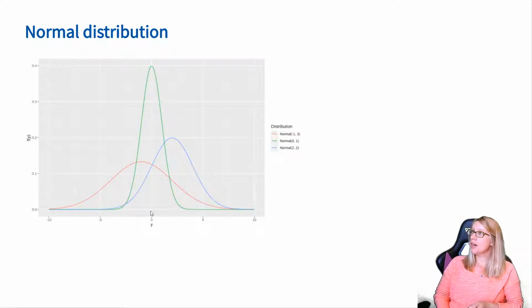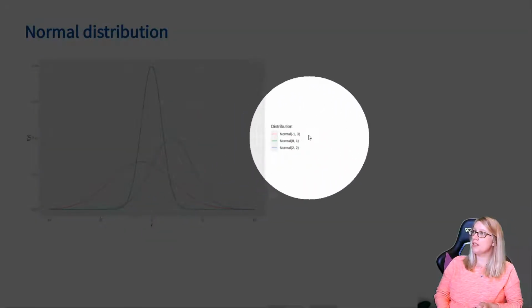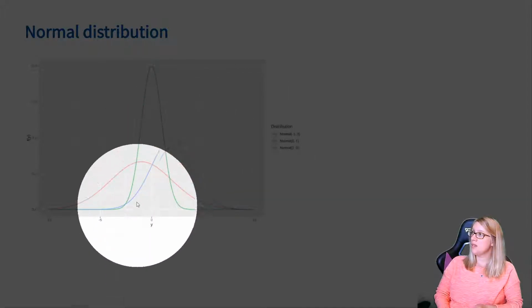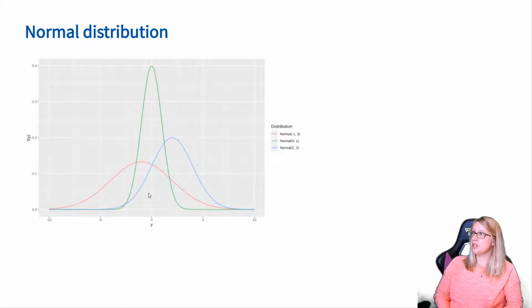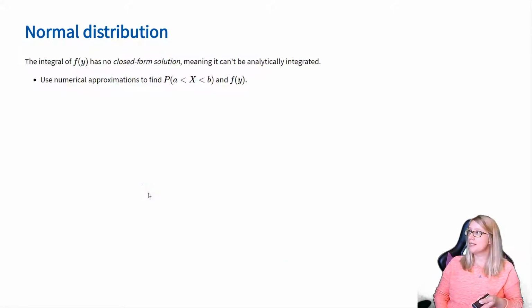Right around, for example, -1 with this coral line is the peak of this normal distribution. Now look what happens as we increase that sigma squared parameter, going from green with the smallest sigma squared to blue to coral. The higher the sigma squared value, the more spread out this distribution becomes. So that should give us a little bit of a hint about what that sigma squared parameter represents.